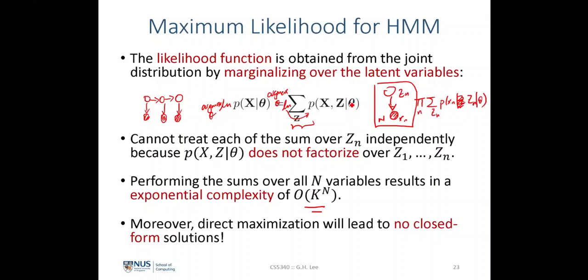Hence, all the unknown parameters are going to be coupled together, and it will lead to no closed form solution. In the case of the HMM, in addition to this, we also saw earlier that this summation, the marginalization over Z, cannot be decoupled into the product of n terms. It has to be all done in one go.